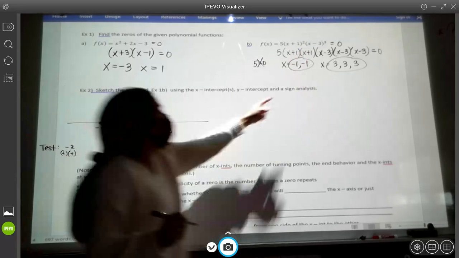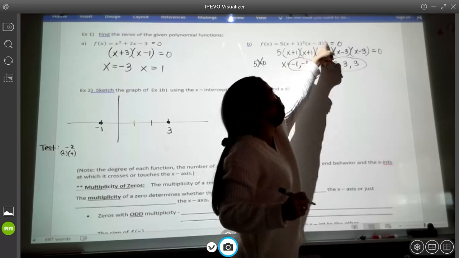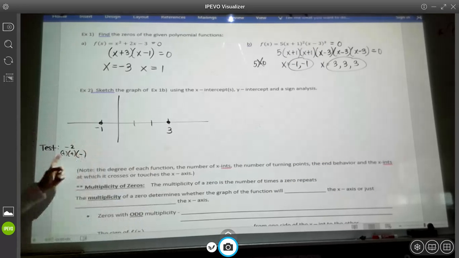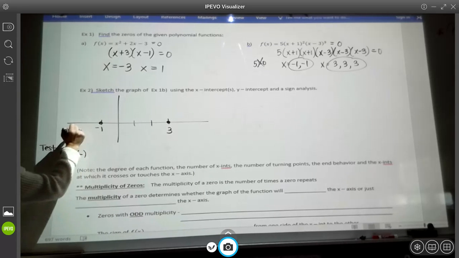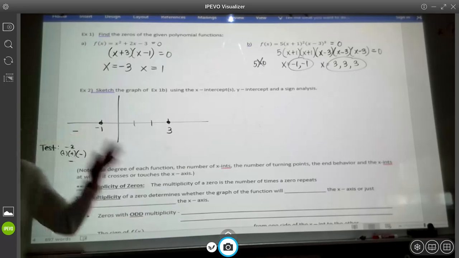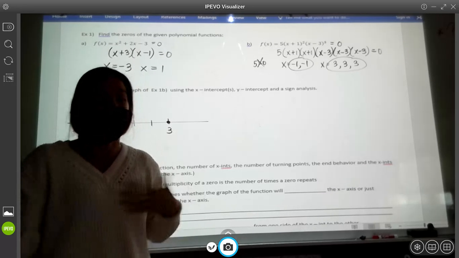And then -2 minus 3 is negative. Negative to a third power stays negative. So guys, what's a positive times a negative? It's going to be a negative number. That means the graph is below the x-axis to the left of -1. And the beautiful thing is I don't need an official number. I just need to know the sign to know where the graph was laying.